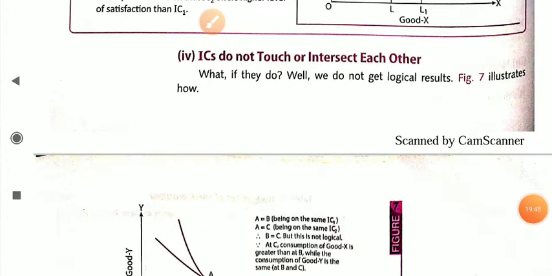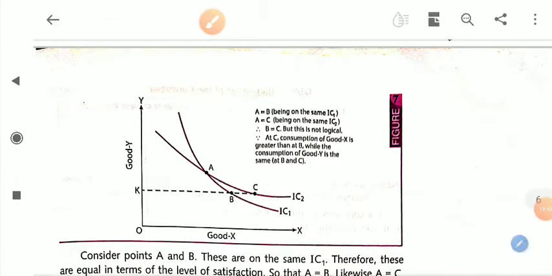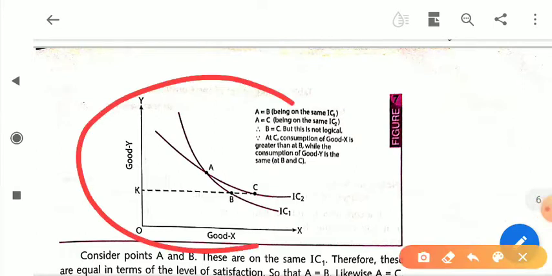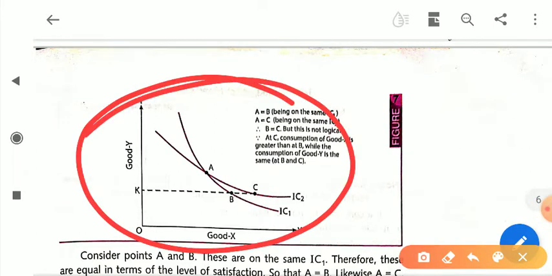The next is that IC curves do not touch or intersect each other, which I told you, two indifference curves never touch each other like this. If they do, suppose IC1 intersects IC2.